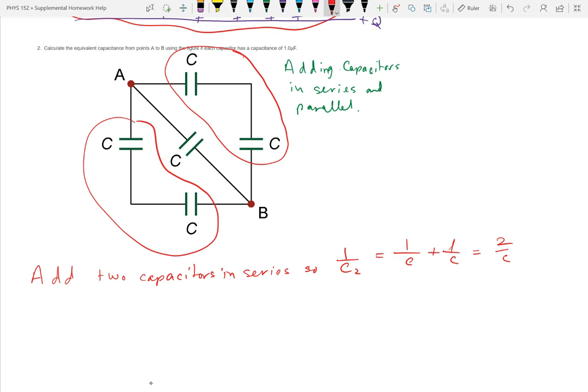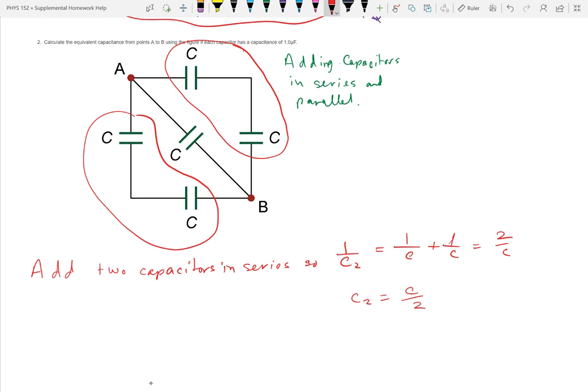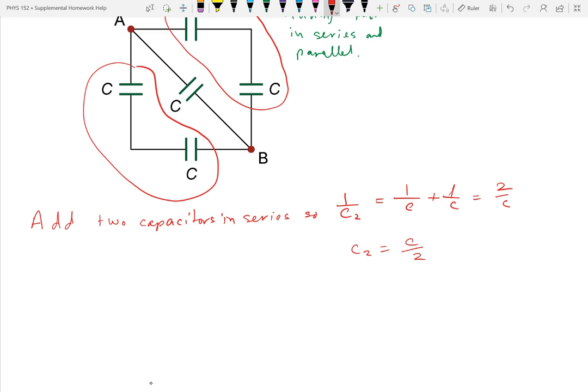So that means that if we invert everything, we'd have C2 is equal to C over 2. Okay, so now we have this is C over 2, this is C over 2, and that's C. So I'm going to redraw my circuit, and I'm going to keep my A and B in the same place just to make it look similar.